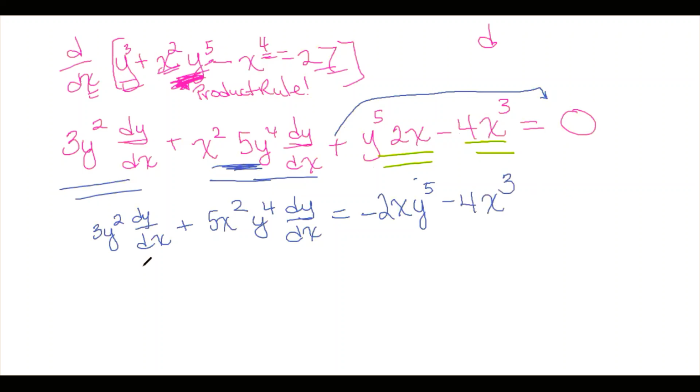And you factor out your dy/dx to leave you with 3y squared plus 5x squared y to the fourth.